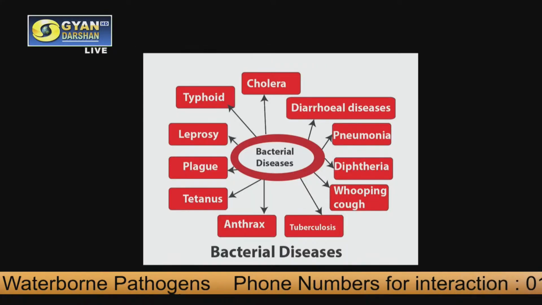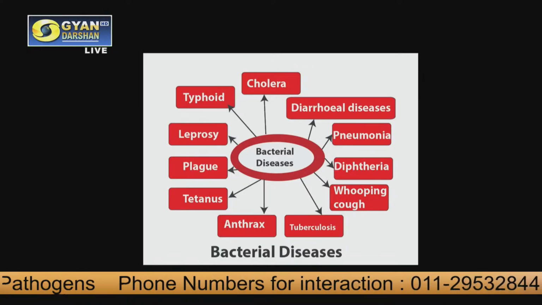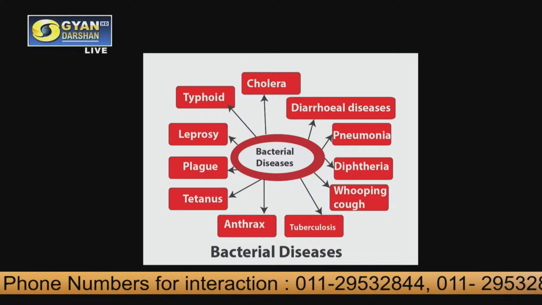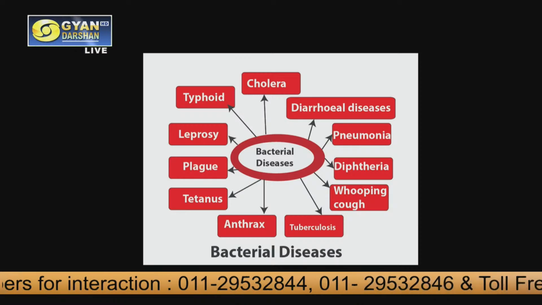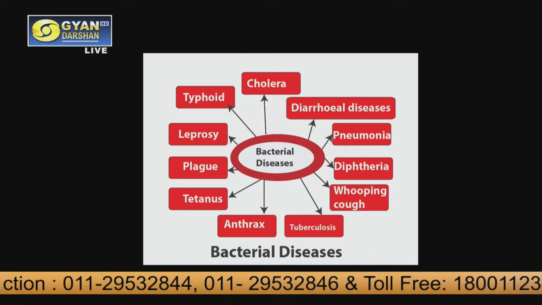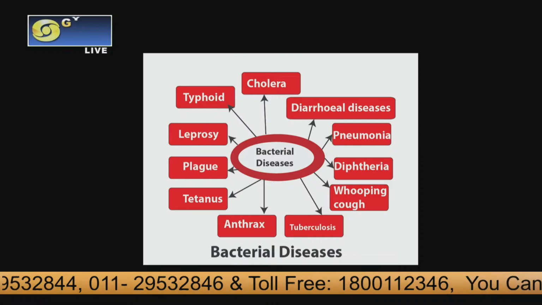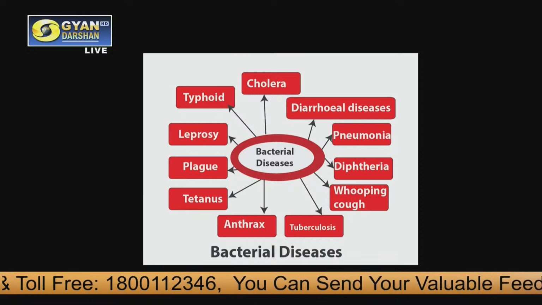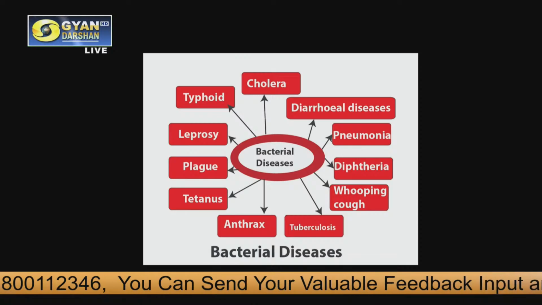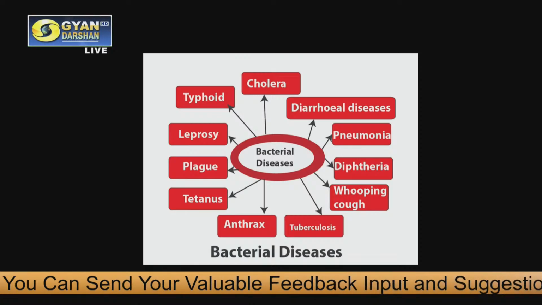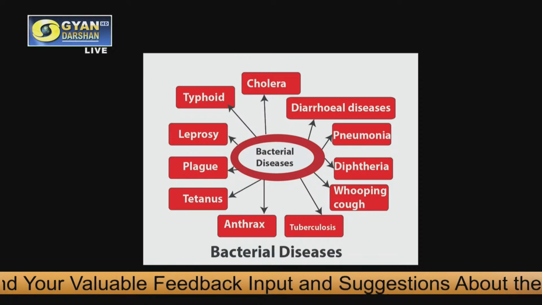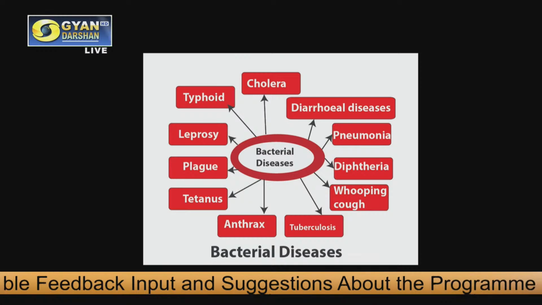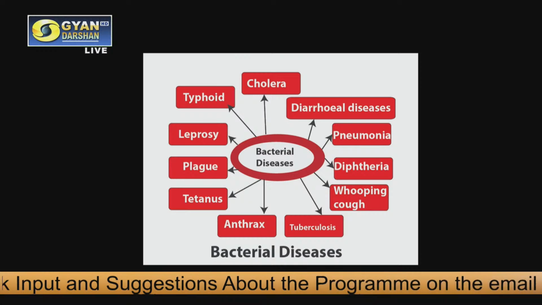Now the figure on your screen shows certain bacterial diseases. Among them, some are airborne bacterial diseases and some are waterborne bacterial diseases. Anthrax, tuberculosis, whooping cough, diphtheria, and pneumonia are all airborne, transmitted from one person to another through cough, saliva, or droplet infection.